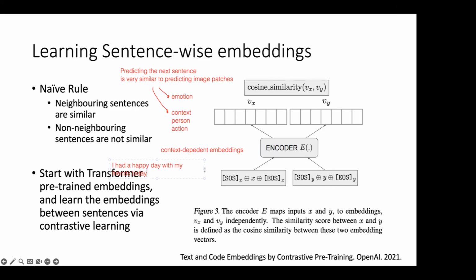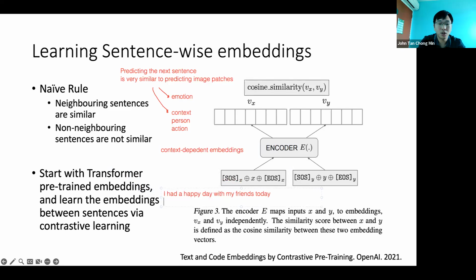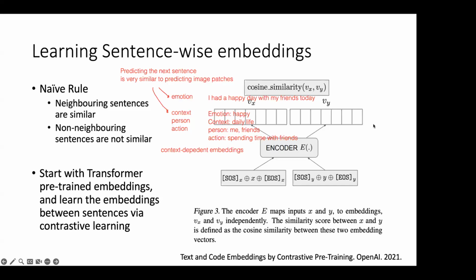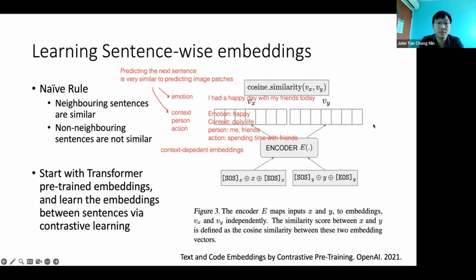So if this is the sentence, then if you want to map this sentence to context, emotion would be happy, context would be daily life, the person would be me and friends, and the action is spending time with friends. I don't know whether this kind of thing would be better. So instead of trying to predict naively the sentence itself, maybe we can split into certain categories that we want to predict, and we predict those categories instead. And the way we predict those categories could very well just be a next token prediction objective.